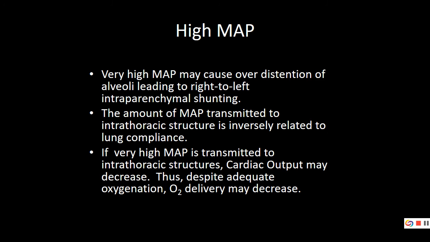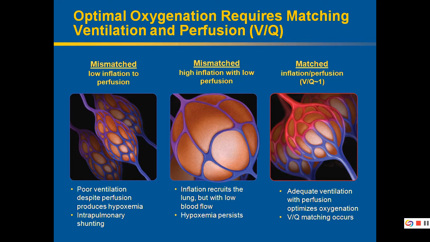To the heart. And that can impede your cardiac output. When you have a baby on the oscillator, this becomes really obvious because you're just changing one number, mean airway pressure. You turn it up, and if you turn it up high enough, sometimes the baby's small enough that you can impede their cardiac output. And if you impede cardiac output, that can influence oxygen delivery.